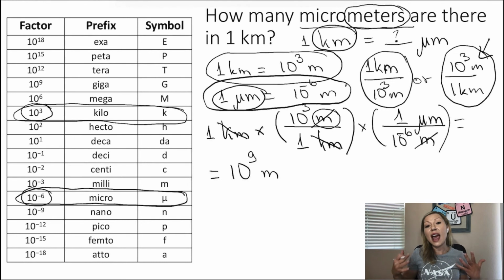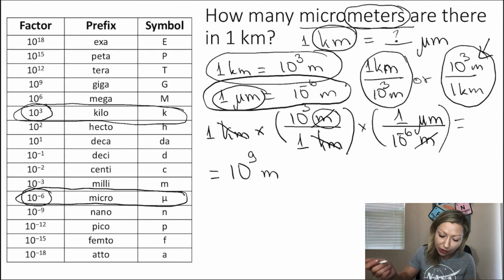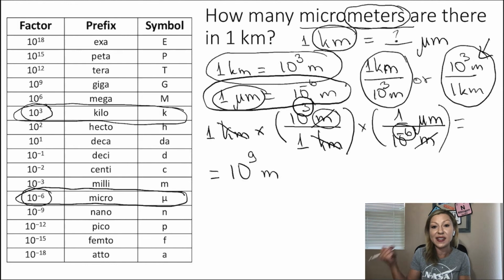So there is actually an easier way to do this calculation, and let me show you how. You went from kilometers to meters, where we have an exponent of 10 to the third, and then we went from meters to micrometers, where we have an exponent of negative 6.